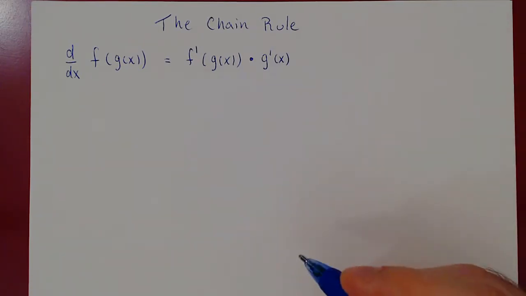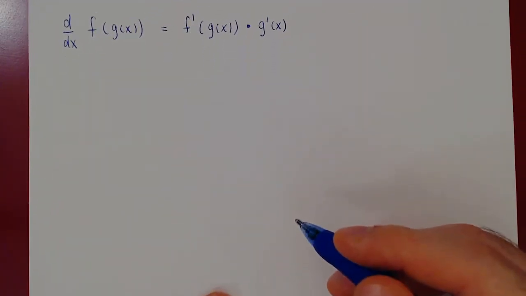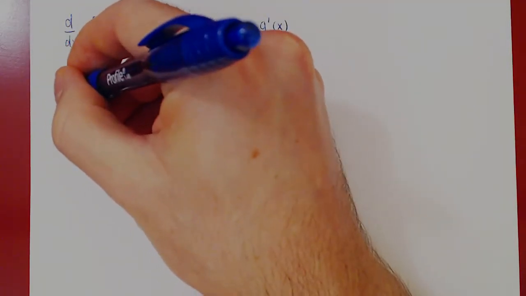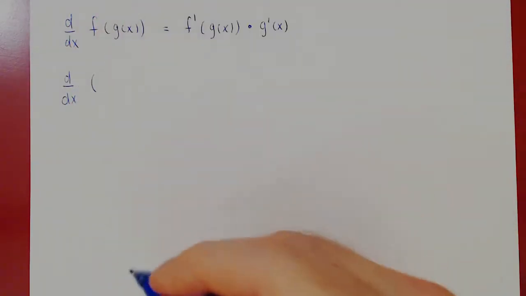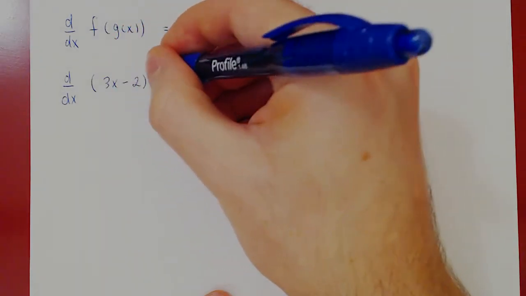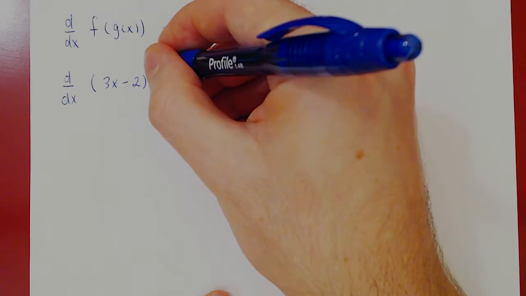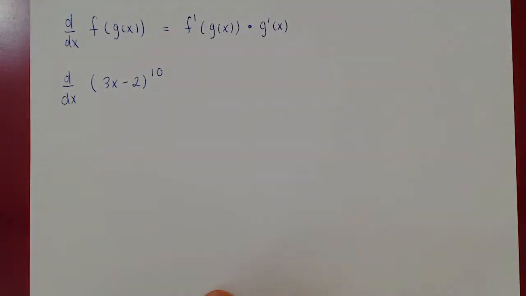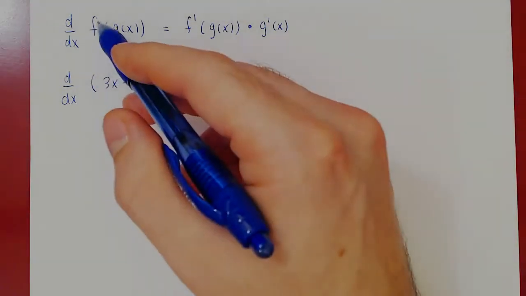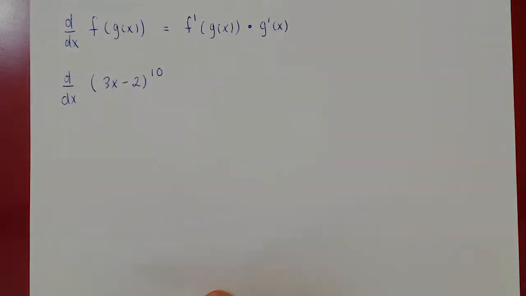Let's do an example. What if we ask for the derivative with respect to x of the function, say, 3x minus 2 to the power of 10? Now the question is, well, what's f, what's g? Always think of f as being the outside function.